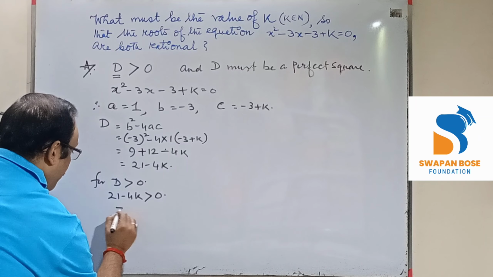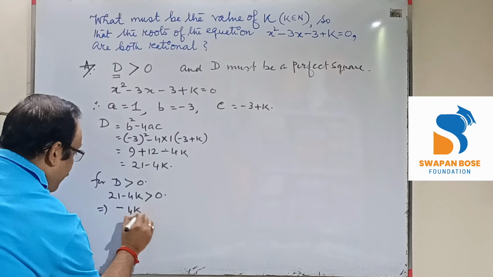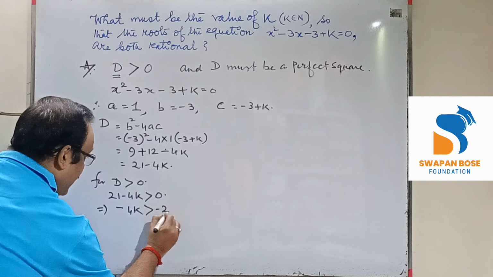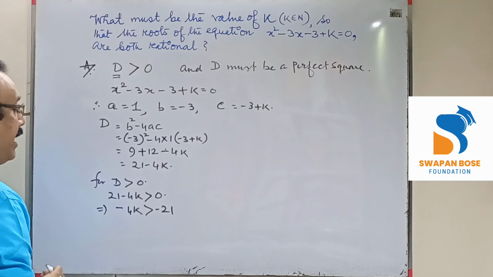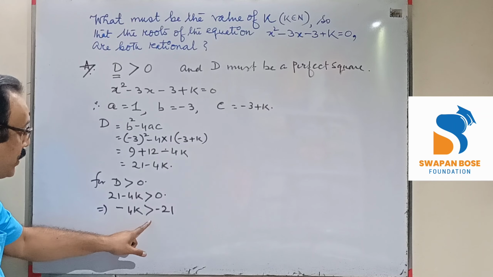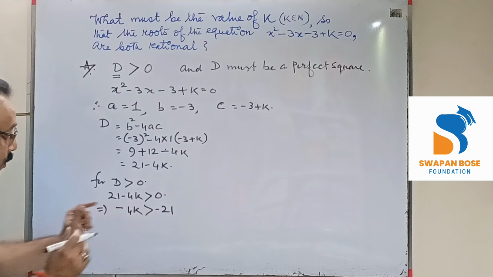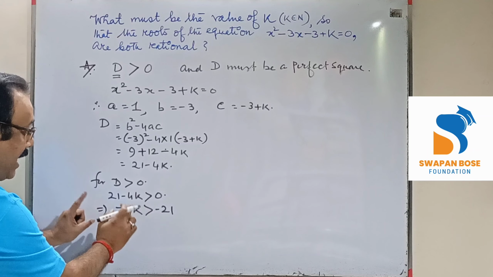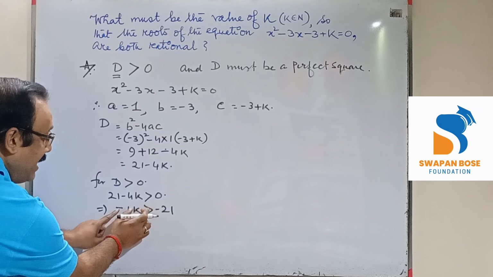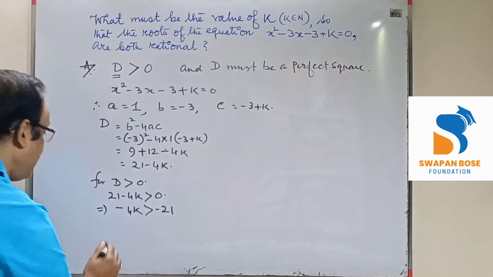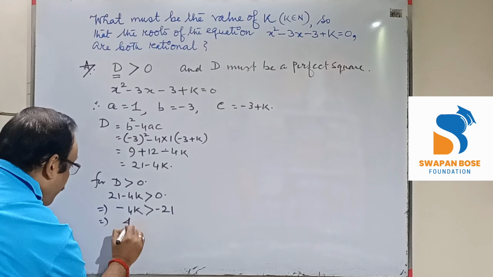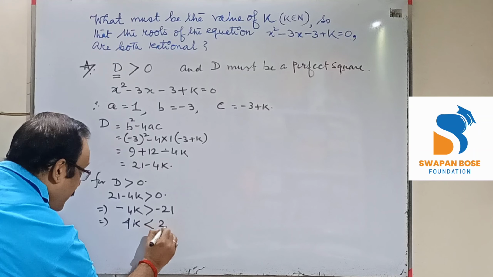That means minus 4k, if I take 21 that side, must be greater than minus 21. Now this is an inequation, and in an inequation I cannot cancel minus. We multiply minus on both sides, and the sign of inequality will get reversed. So this will become 4k less than 21.